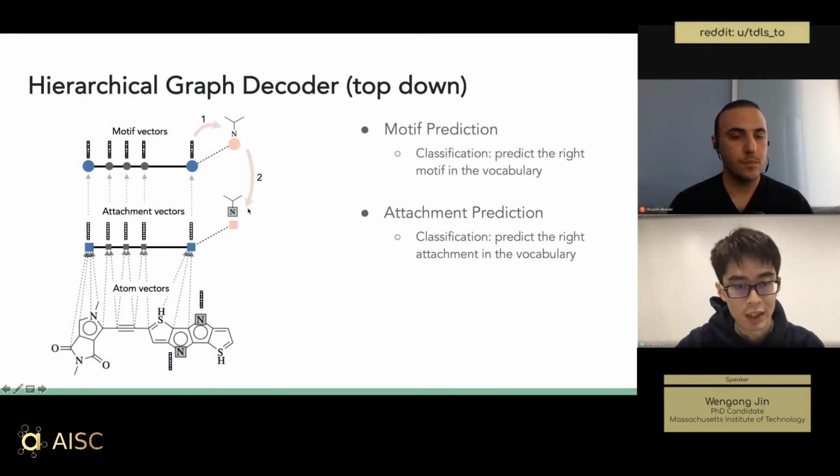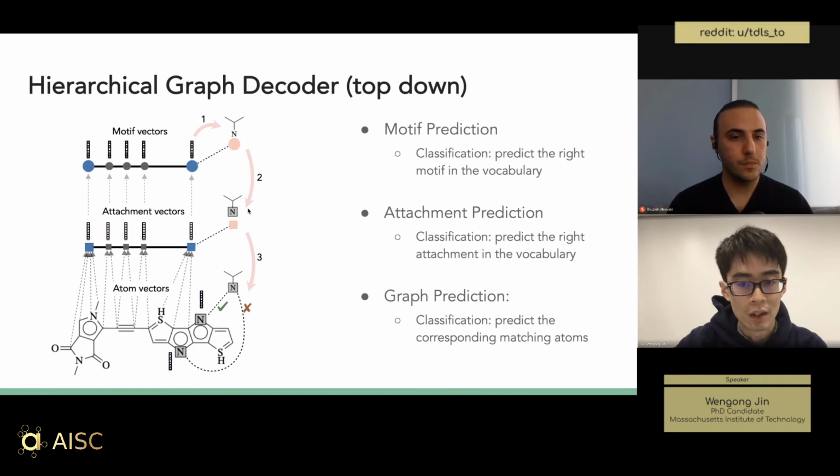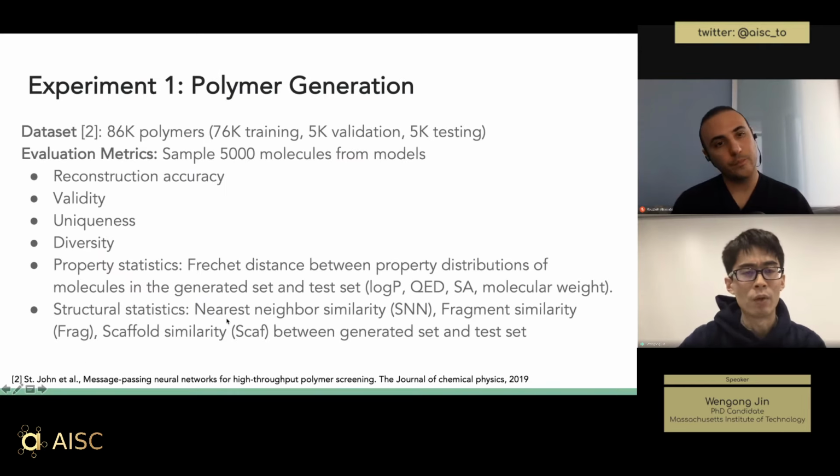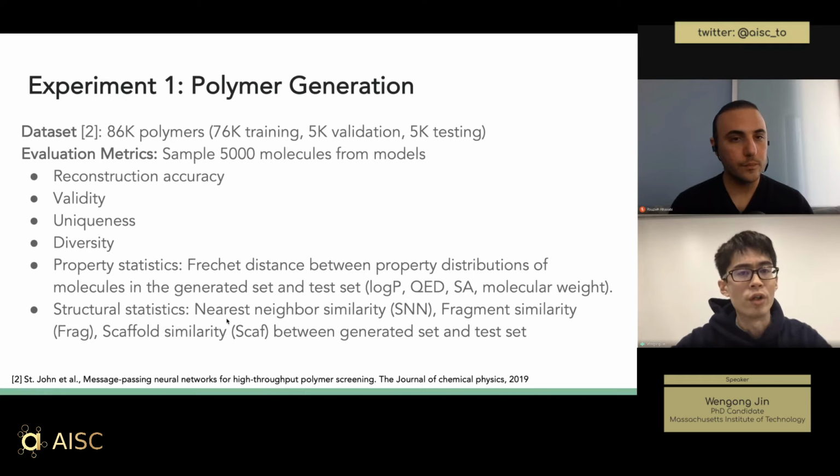This is also a classification task. And then I can predict how this new motif should be attached to the current graph. This is also a classification task because we already have all the attaching points highlighted in the new motif and the current graph. So this is a basic overview of our generative architecture.